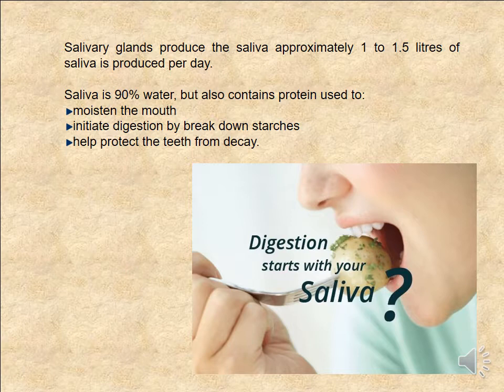Salivary glands produce the saliva. Approximately 1 to 1.5 liters of saliva are produced per day. Saliva is 90% water, and it also contains proteins. It moistens the mouth, initiates digestion by breaking down starch, and helps protect the teeth from decay.